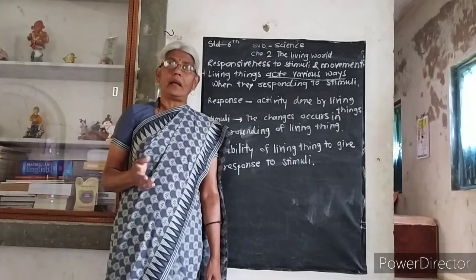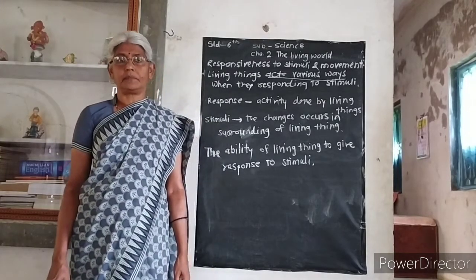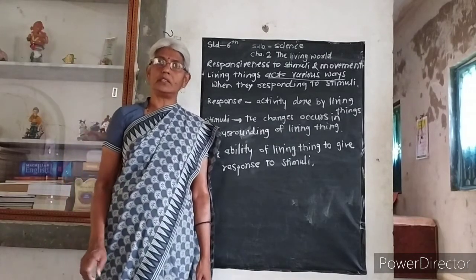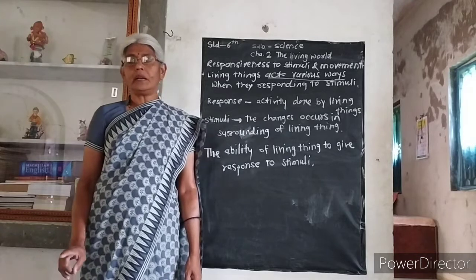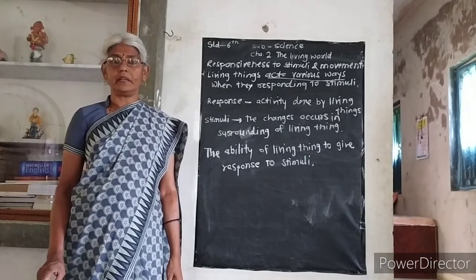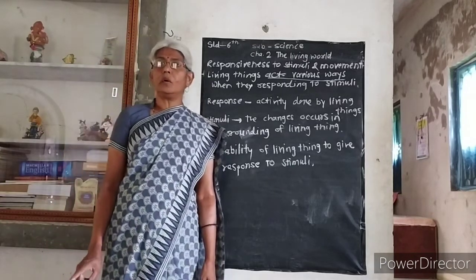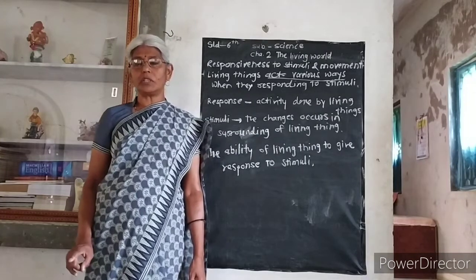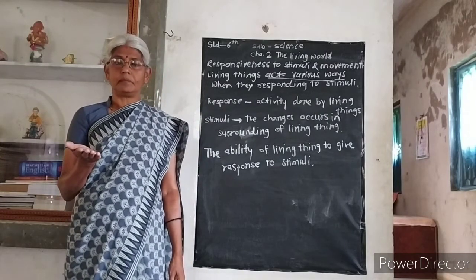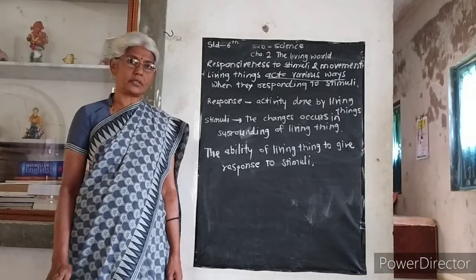So in the afternoon, the high intensity of sunlight is a stimulus, and the leaves bending downward is the response. In the other example, when you water the plant and the intensity of sunlight is very low, water and low-intensity sunlight are the stimulus for the plant leaves, and the leaves spread out, which is the response given by the plants.